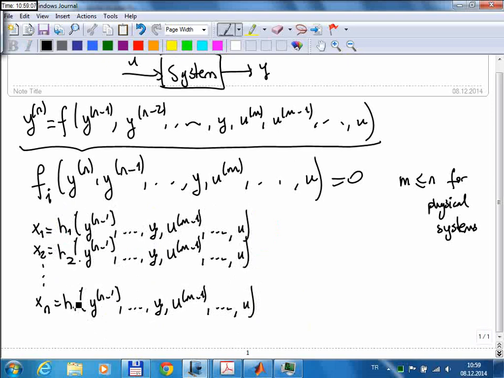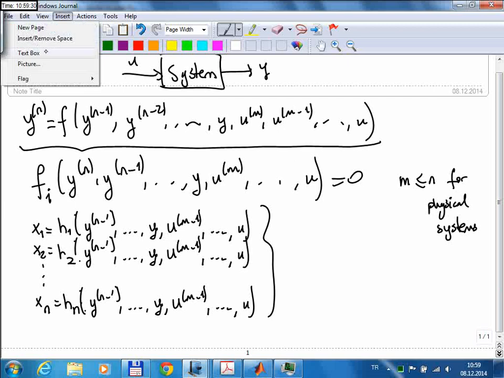So this is the second equation, and this is the last one, and so this is one of the most critical steps, defining the state variables.